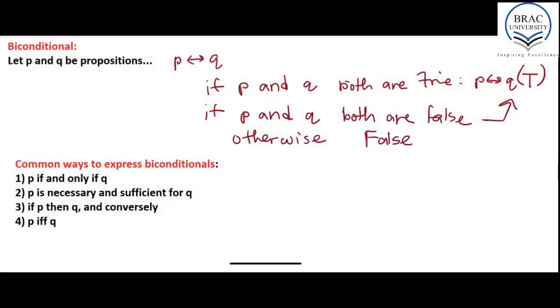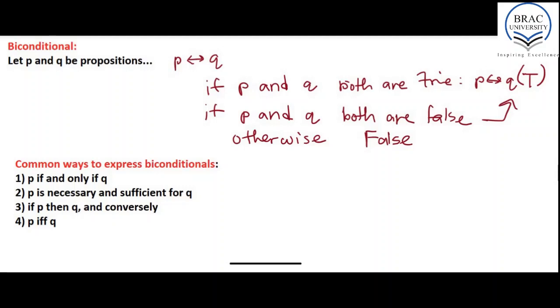There are some common ways to express biconditionals: P if and only if Q. P is necessary and sufficient for Q. If P, then Q, and conversely. P iff Q, and this is correct; we have to write like this.